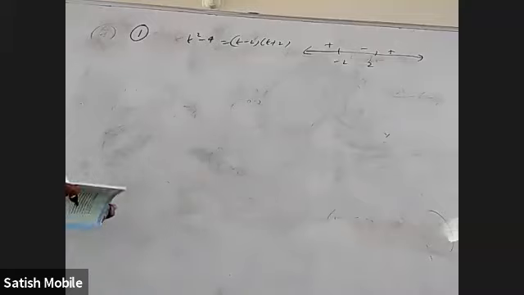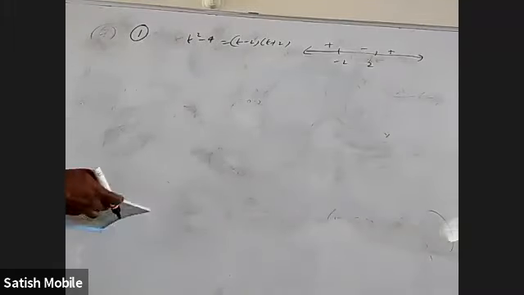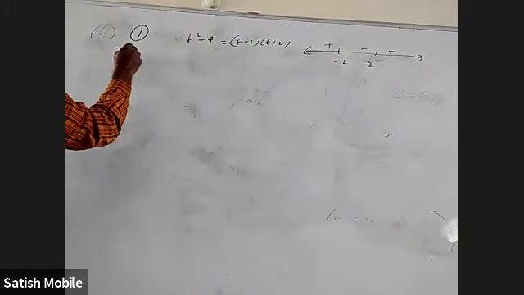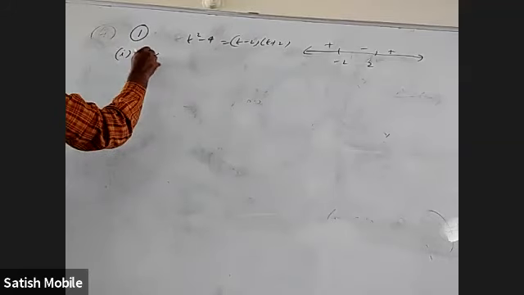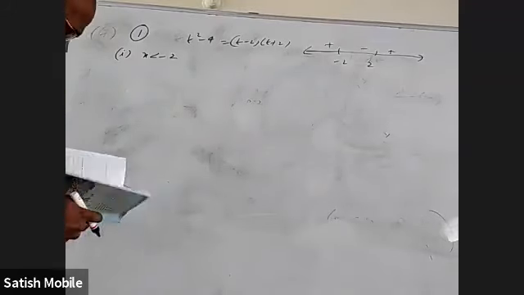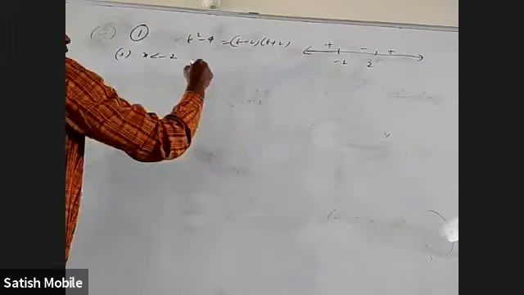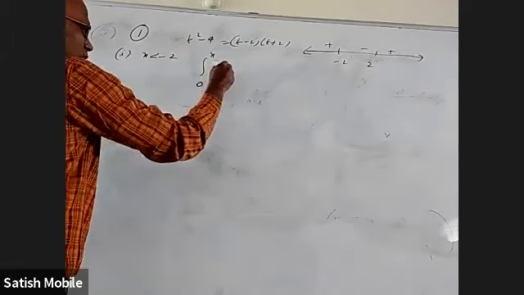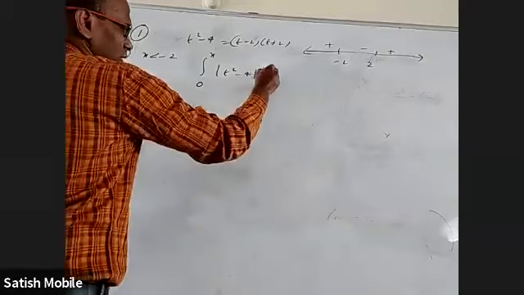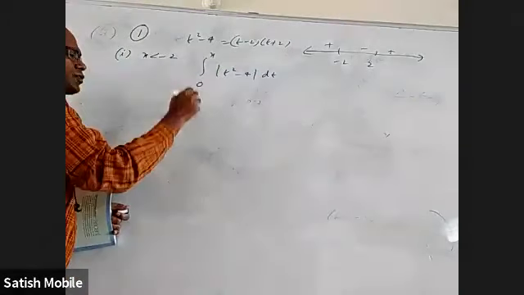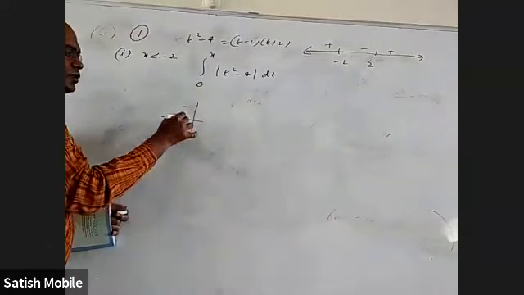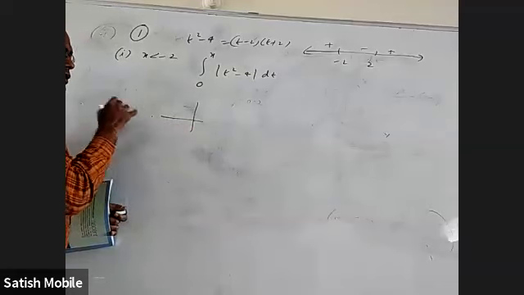So I need to take 3 cases. So case 1, x less than -2, -3, -4, and things like that. Then the integral from 0 to x of mod t square minus 4 dt.